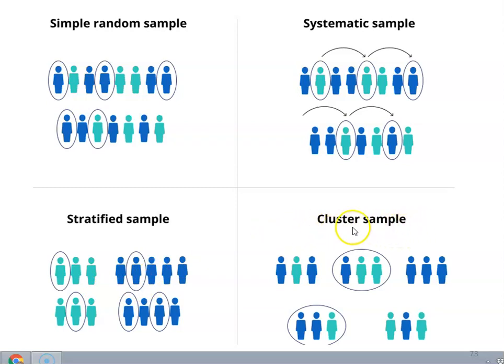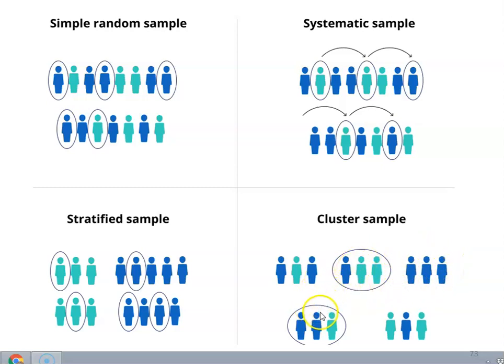Cluster sampling is a technique where we sort our population into natural clusters that have already been made, such as people living in different towns. This is one town, this is another town, this is another one.